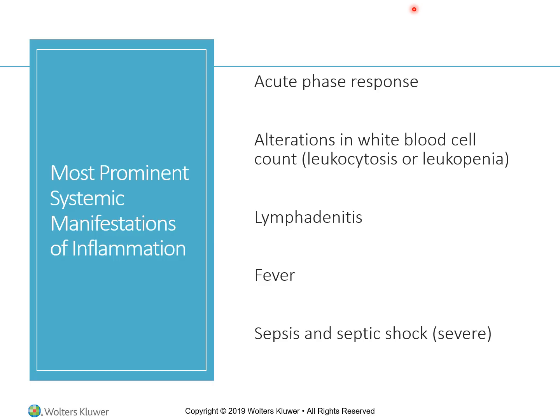The acute phase response of inflammation also includes systemic responses like skeletal muscle catabolism. That means we are breaking down skeletal muscle, and the reason is to release different amino acids that are then used to promote and support the inflammatory response overall.